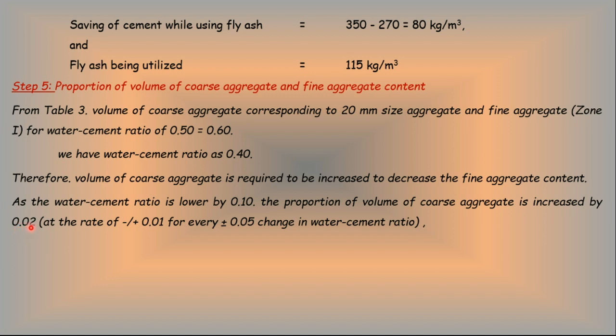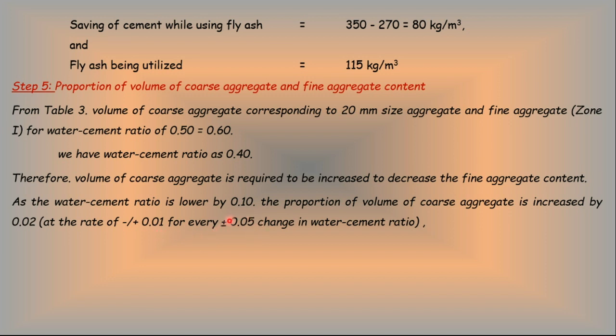0.02, such that at the rate of minus or plus 0.01 for every plus or minus 0.05 change in water cement ratio. Means if we change the water to cement ratio as 0.5 plus, this is a decrease. If it is minus, it is an increase. Minus is with respect to plus and plus is with respect to minus.